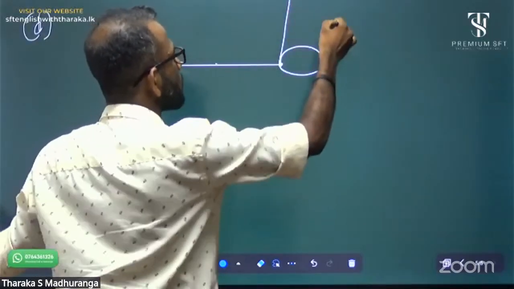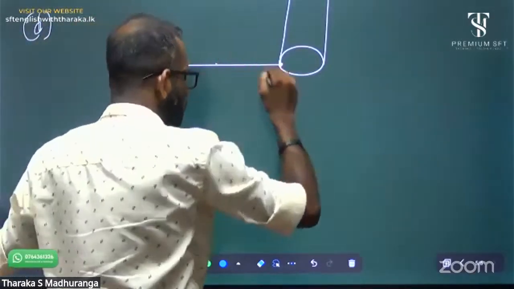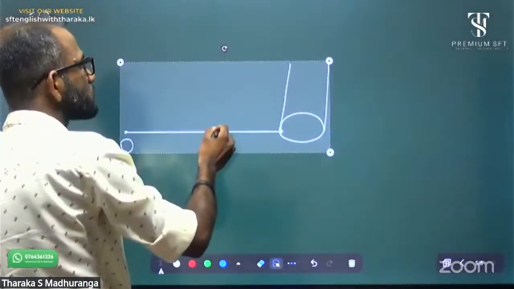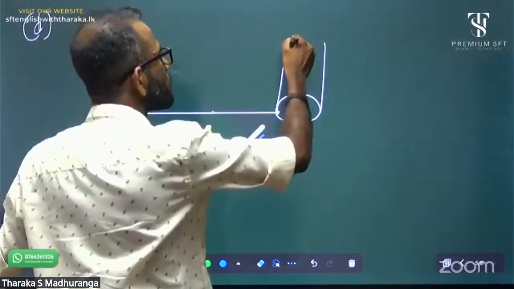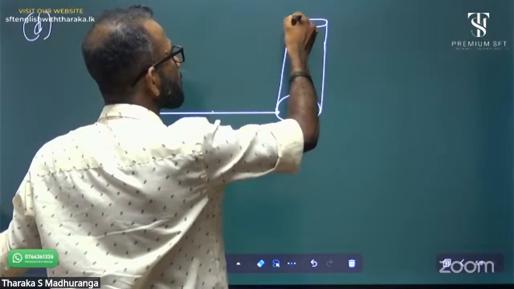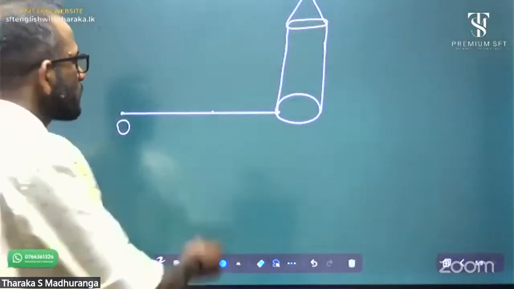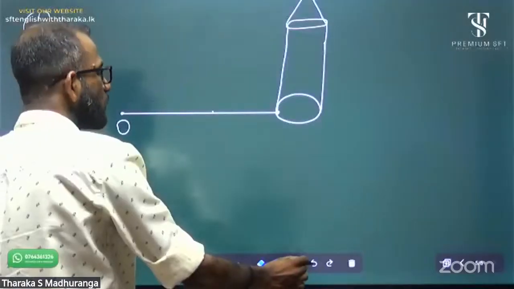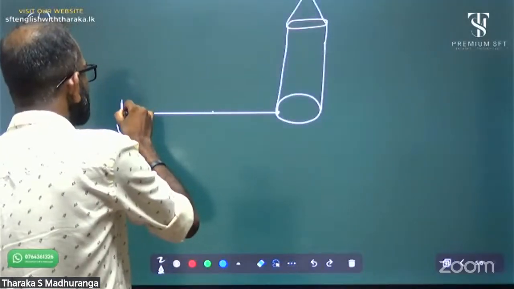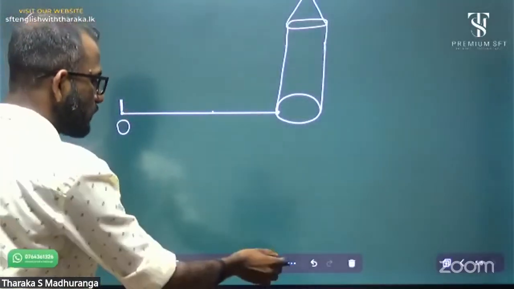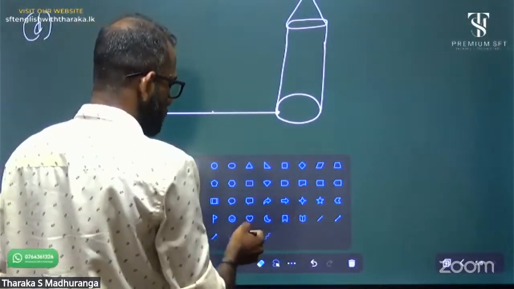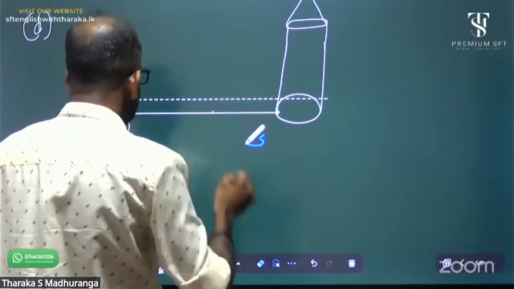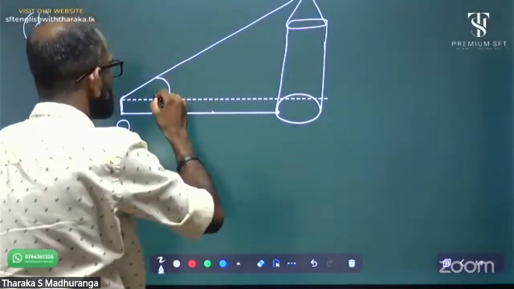The child's height, eye level, is 1 meter above the ground. Now the question asks, what is this angle? What is this theta?